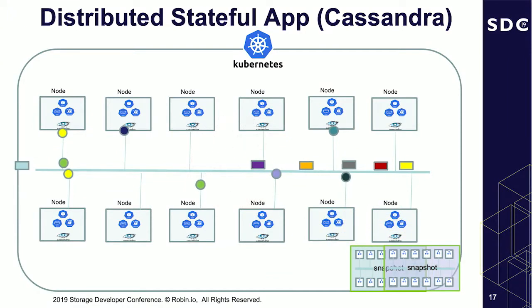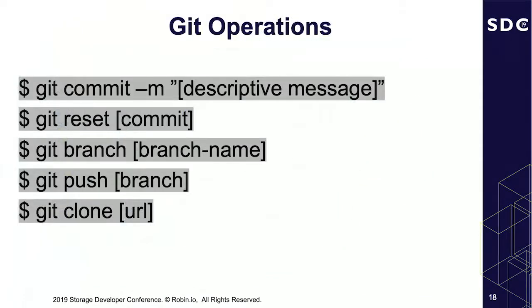Here, as we see, they only know how to check in the code. They all know Git as a version control system. We basically commit the code. If you want to revert back, you can go back to a particular commit, and you can take a branch. You can push the commit to a remote repo, or you can clone from the remote repo of your code.